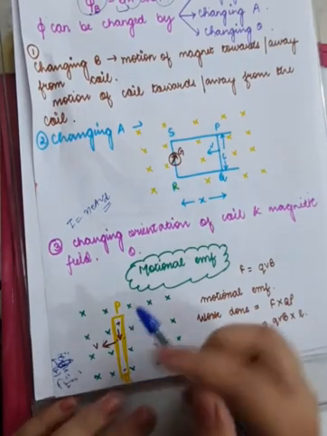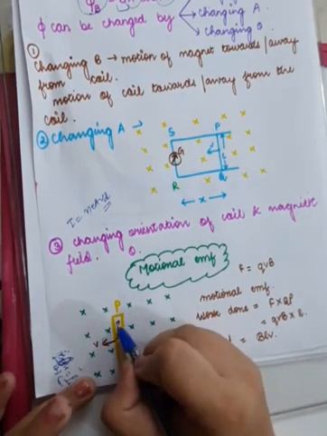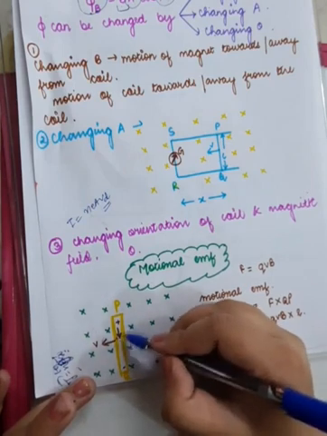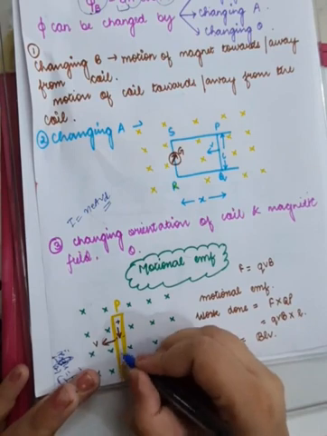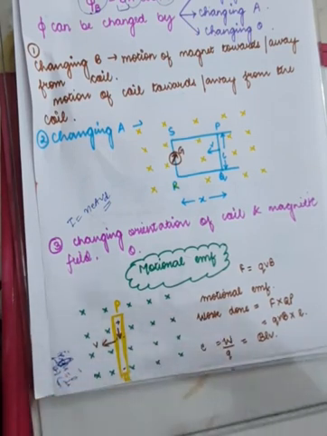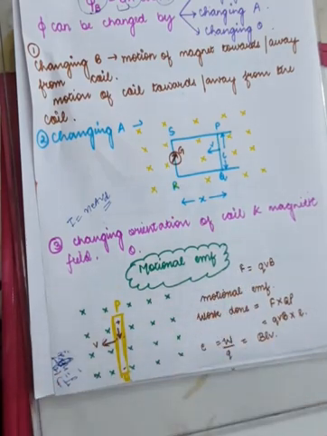So what is going to happen? Please try to understand. Because of magnetic force, the positive charges will try to go down, right? And the negative charges will try to go up. The same way, once the force is experienced by these charges, they will start accumulating at the ends.